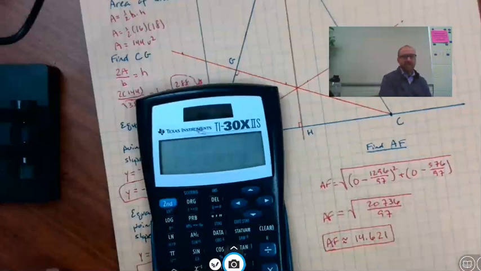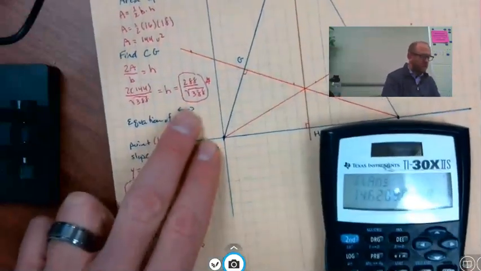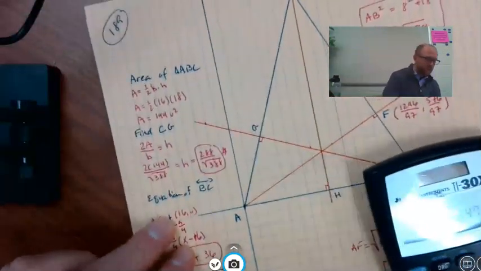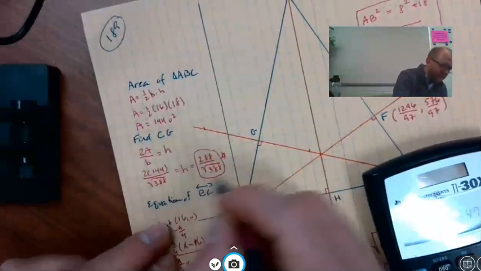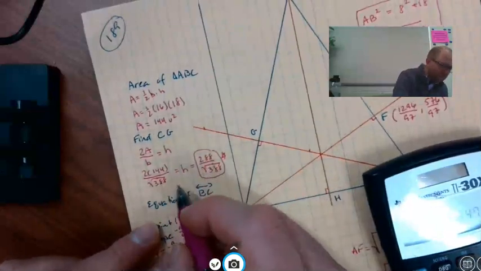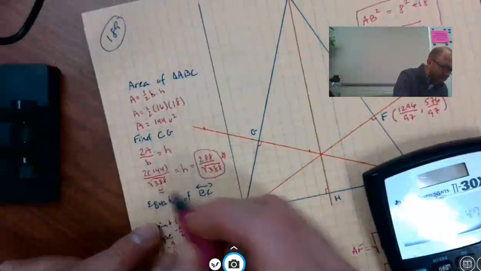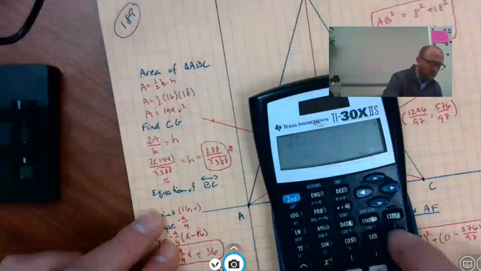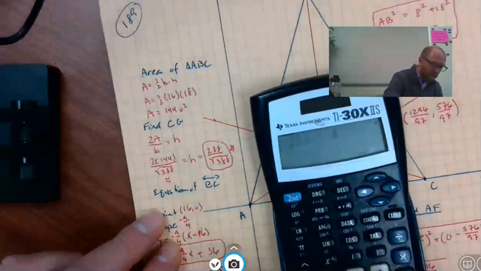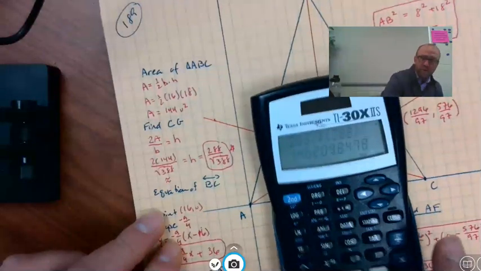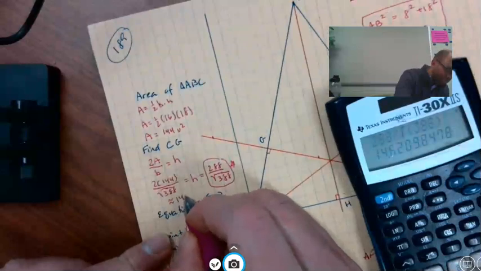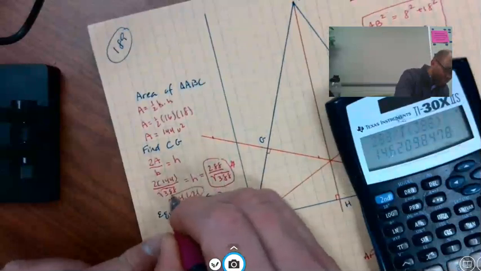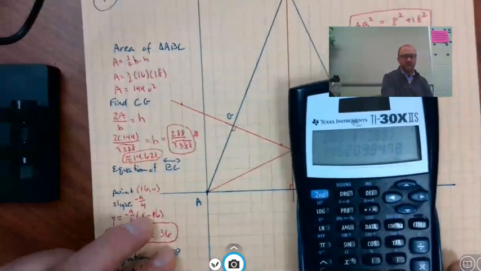Now let's see if that compares with our answer from earlier, which we left as this terrible fraction. We have 288 divided by the square root of 388, which is 14.621. So we get the same answer either way.